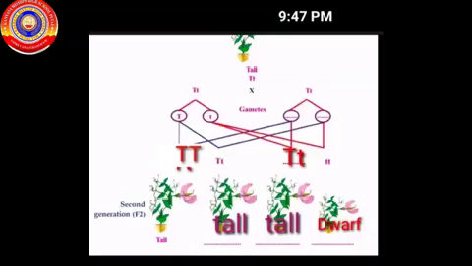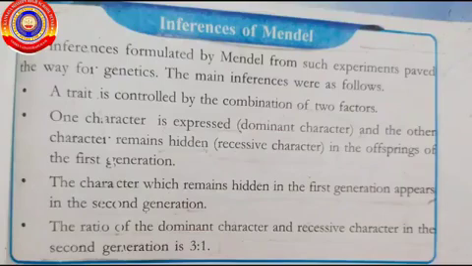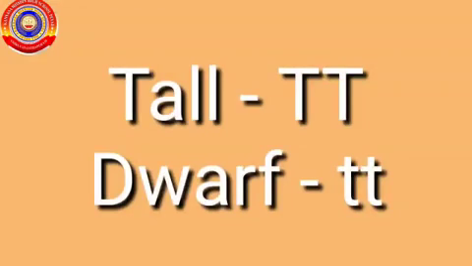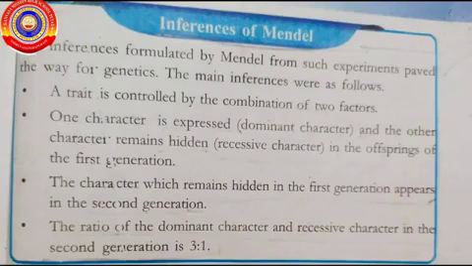I hope you understood this problem. According to this, there are inferences regarding Gregor Johann Mendel's method. The main inferences were as follows. First one, a trait is controlled by the combination of 2 factors.